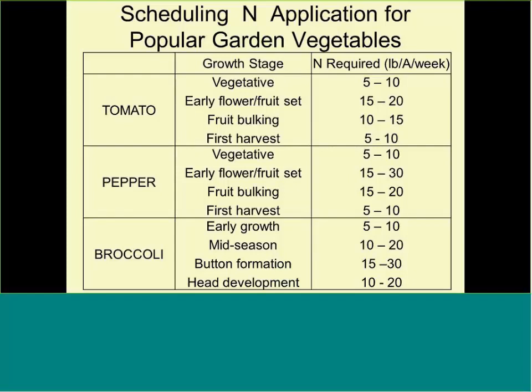If you're a commercial grower and you want to get maximum potential yield to make the maximum amount of money, at the vegetative stage you want to apply 5 to 10 pounds of N per acre per week. When they start flowering, 15 to 20. When flowers develop and they're bulking up, a little bit less N, because remember, N is for foliage.